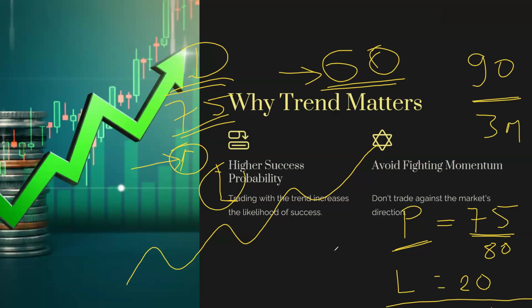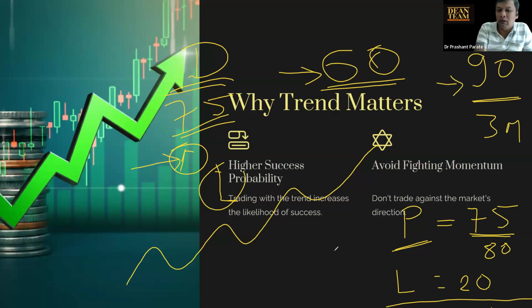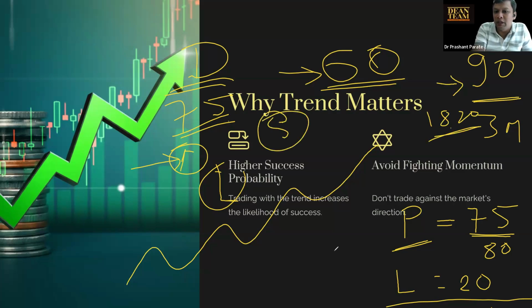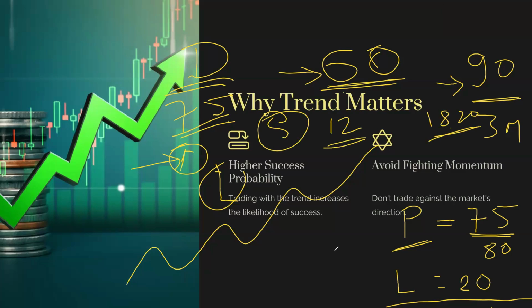So instead of 90 days, it will be around 12 trading days for 60 candles, which means 2 weeks and 2 days, about 2.5 weeks. And if it goes into losses, it will either hit the stop loss within 2 or 3 days or within 1 week at the most.